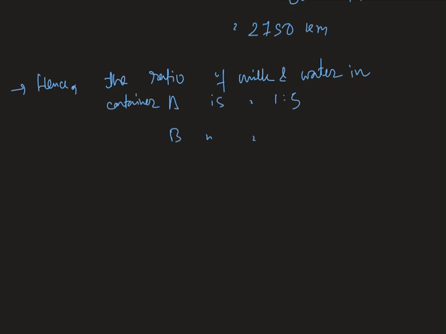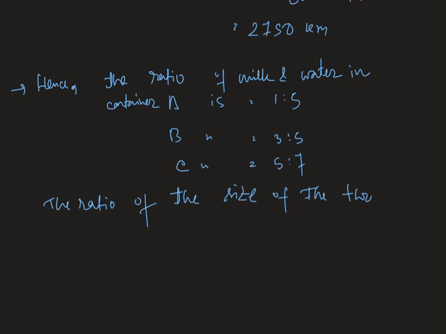For container B it is 3:5, and for C it is 5:7. And the ratio of the size of the three containers is 5:4:5.